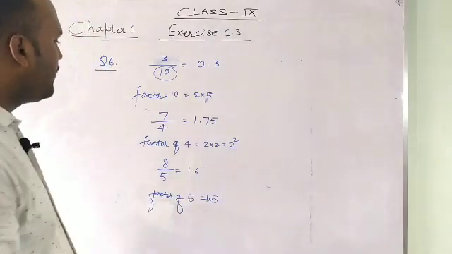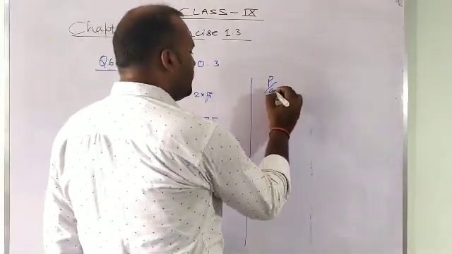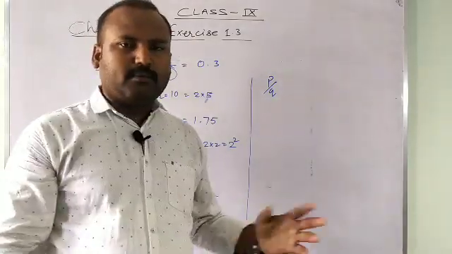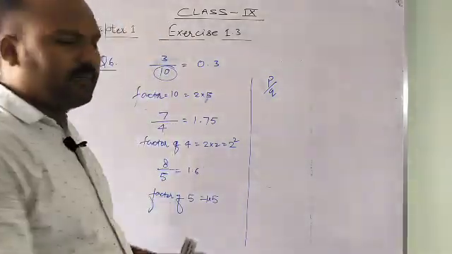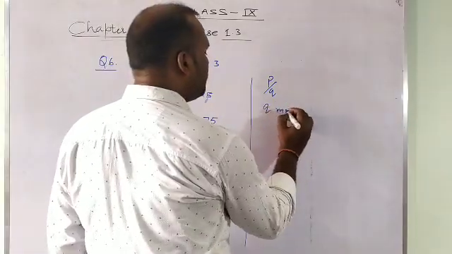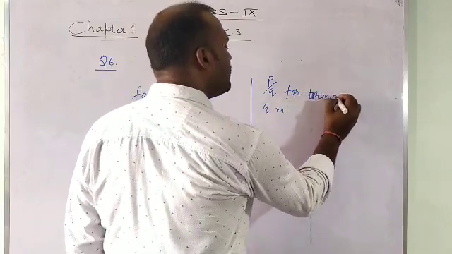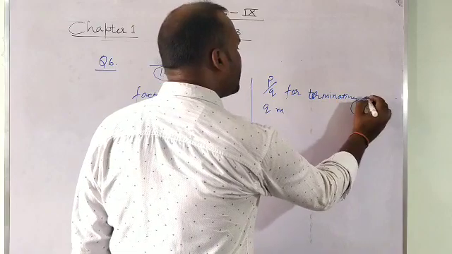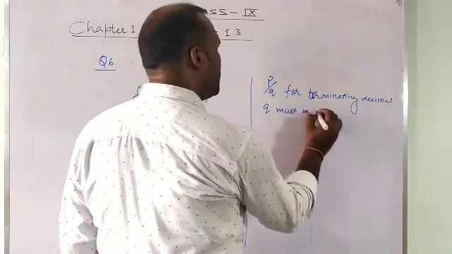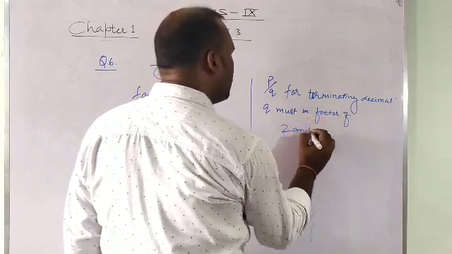Okay, it means if any rational number is given in the form of p by q, for a terminating decimal, q must have factors of 2 and 5 only.